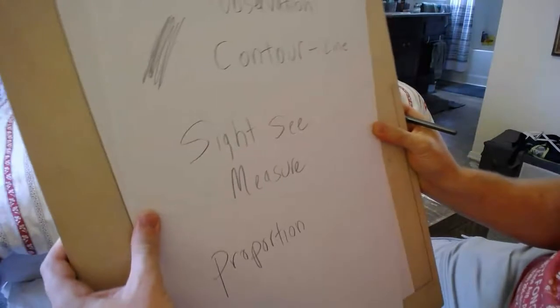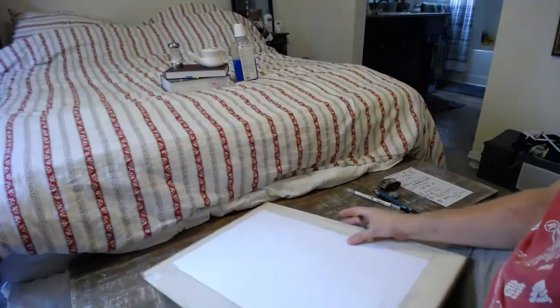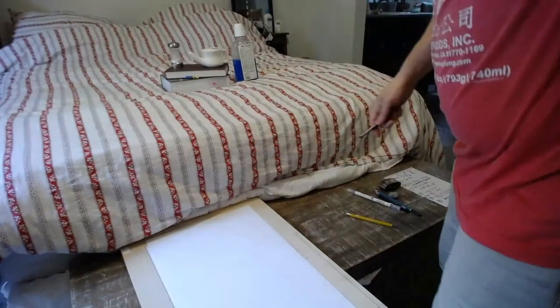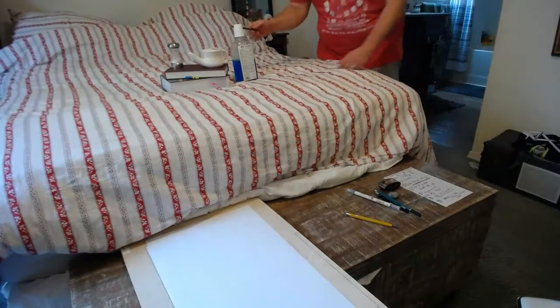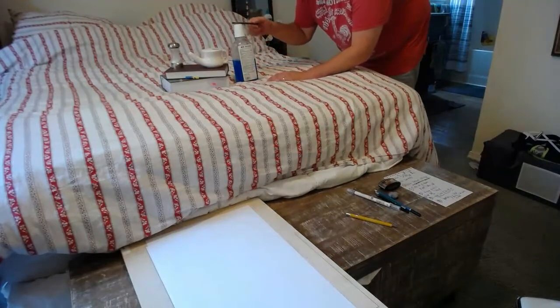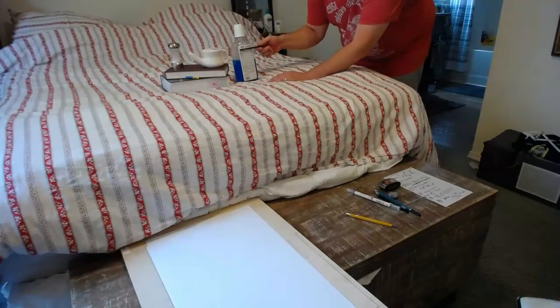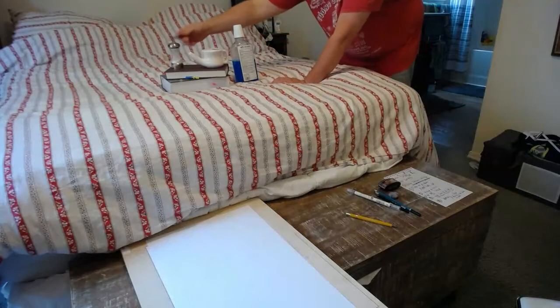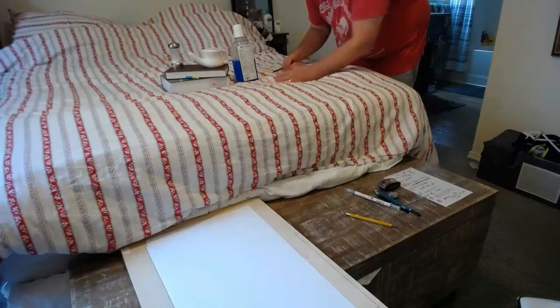Proportion. Why is it called that? Because, as our lecture talked about, things are in relationship to each other. So, for example, this bottle, the size of it compared to the width of the bottle itself and the height of it, and then it compared to the other things in the still life. Okay?